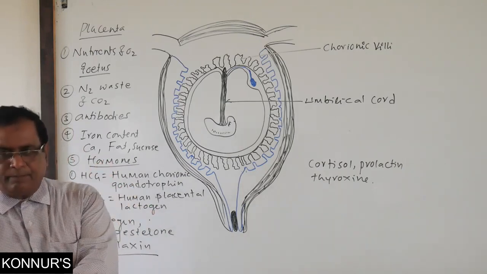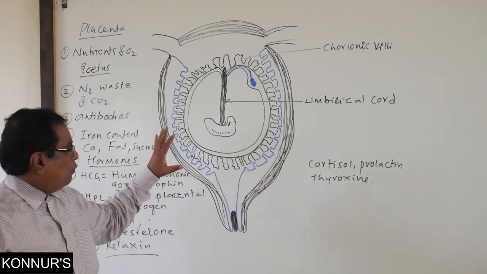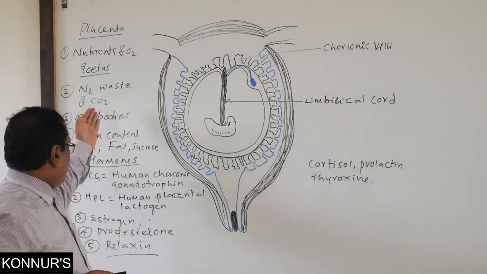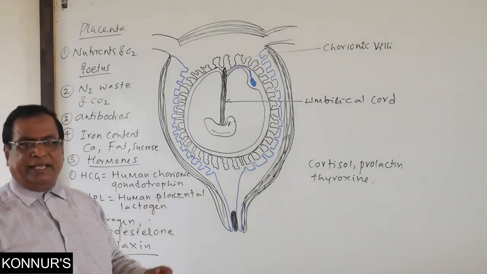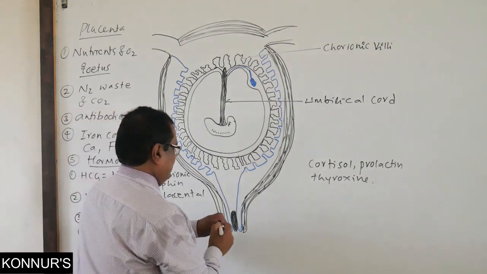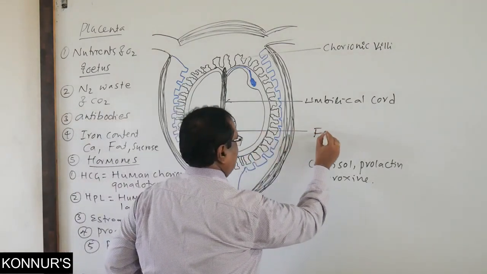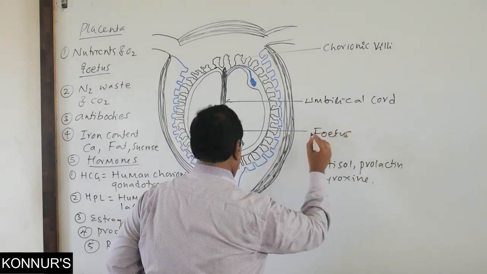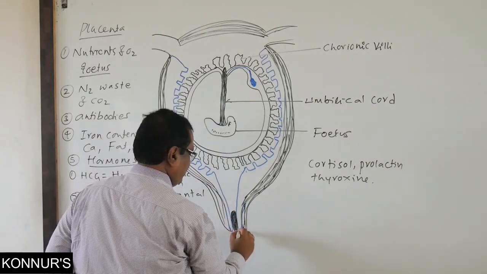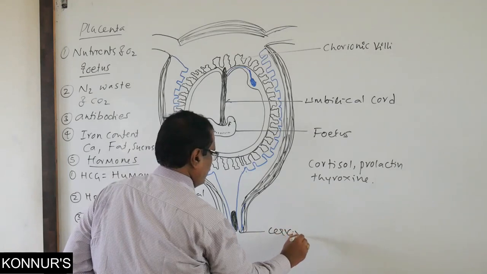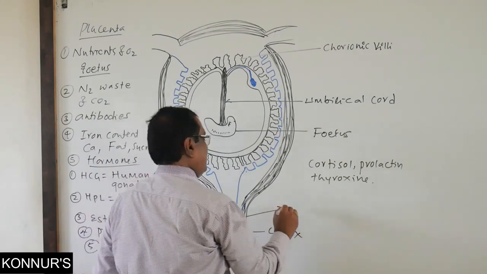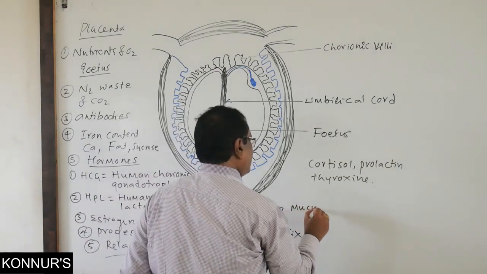And then, once it is attached and the placenta is developed and all these hormones are there in the blood, this is the fetus, and the cervix is an opening of the uterus. This is the cervix, and that cervix is closed by a mucus plug.